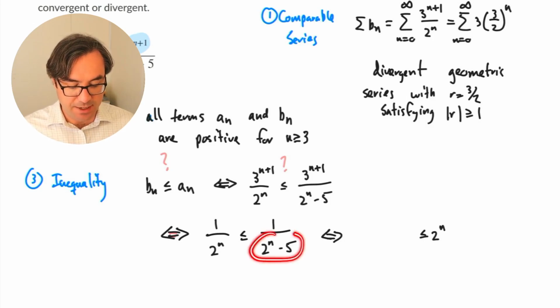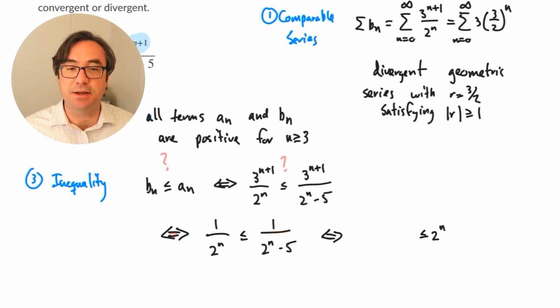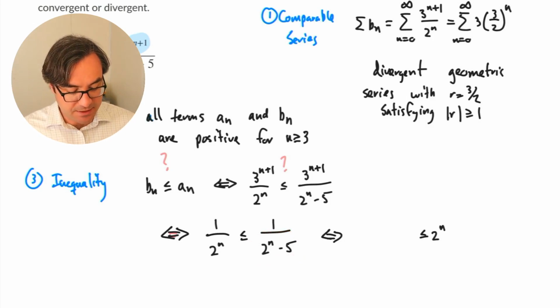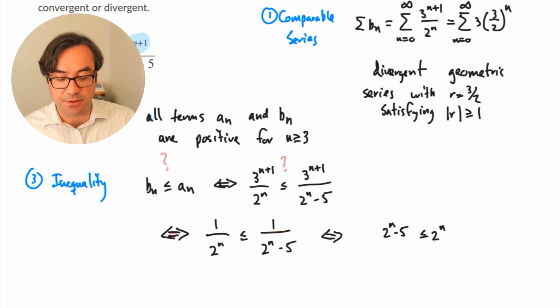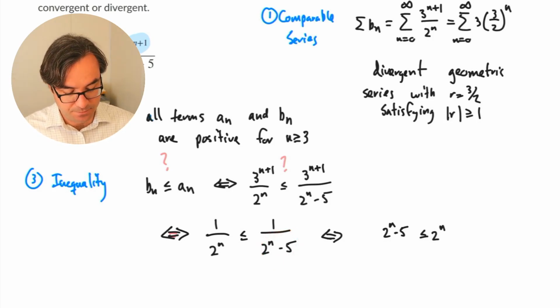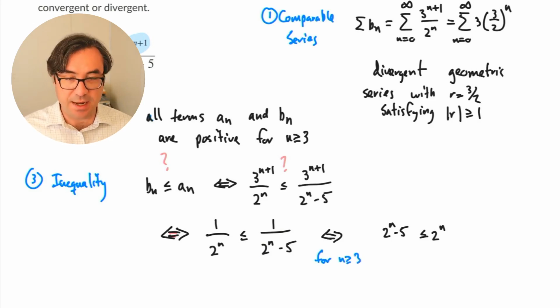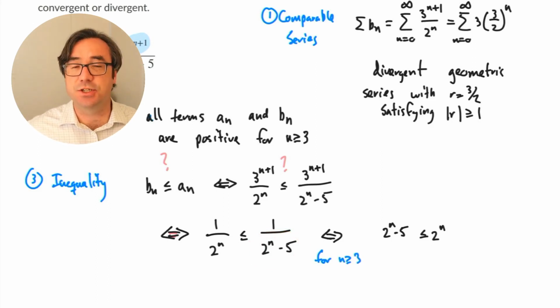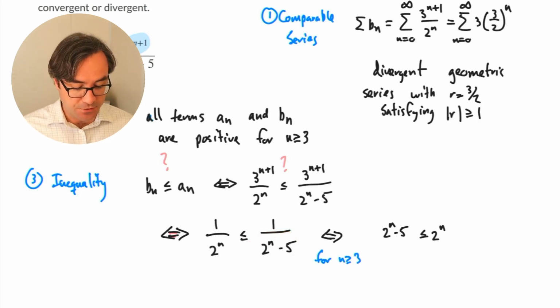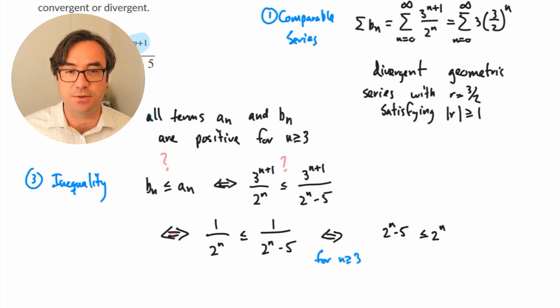And if I multiply both sides by this 2 to the n minus 5, I'm going to get that onto the other side. And we get rid of the fractions. Now, technically, this only worked when n is bigger than 3. Because when n is less than 3, this is a negative number. And that actually changes the direction of the inequality. So this only works when n is greater than or equal to 3.